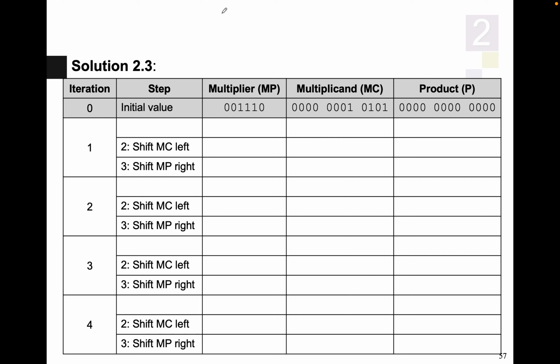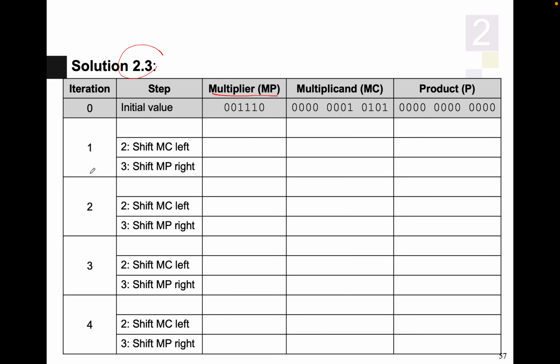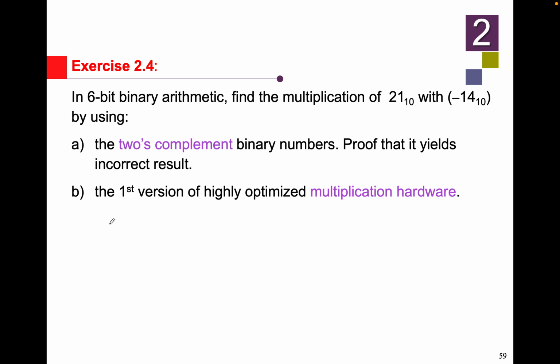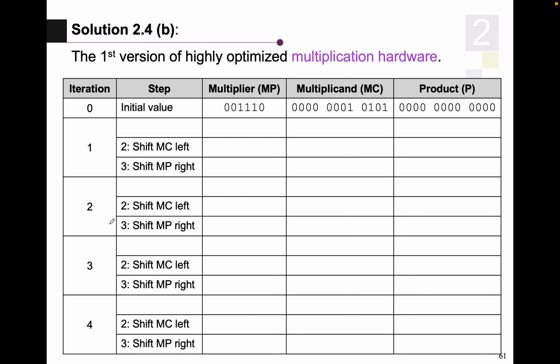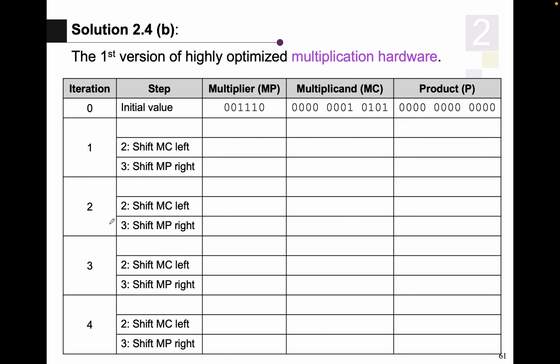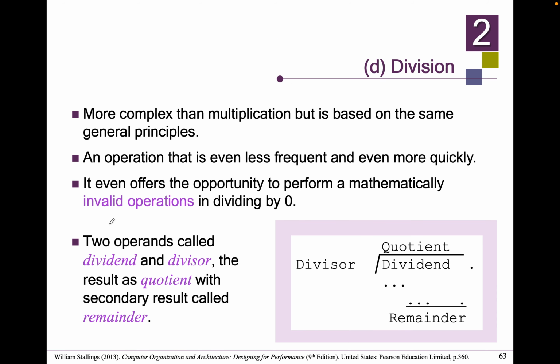Try to do these solutions also. You can see if your multiplier has 6 bits, you're going to repeat 6 times, then you're going to stop. So there is an exercise also, we can discuss later on in class, but I hope that you can try, because this one is not too hard, similar also.